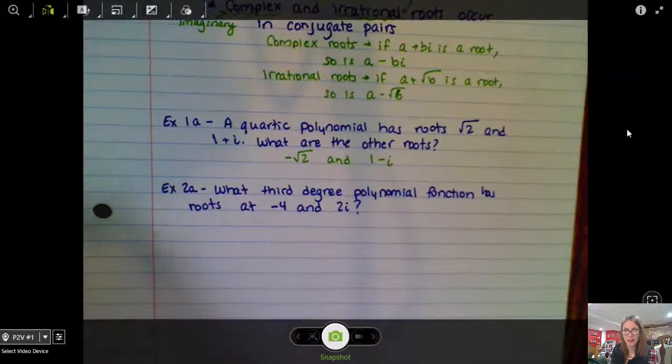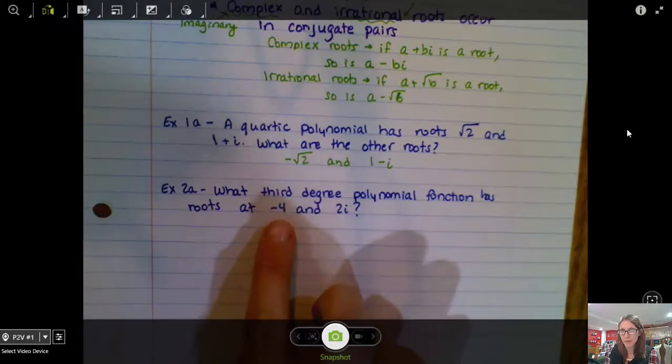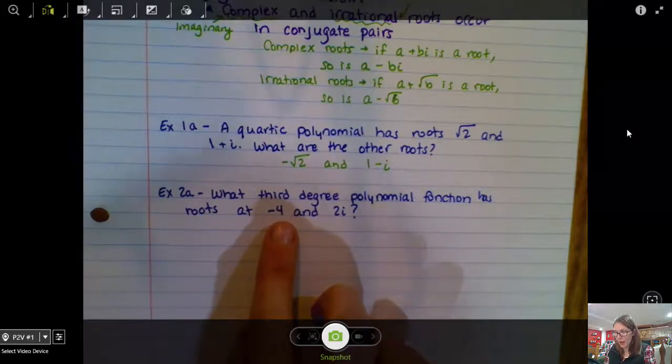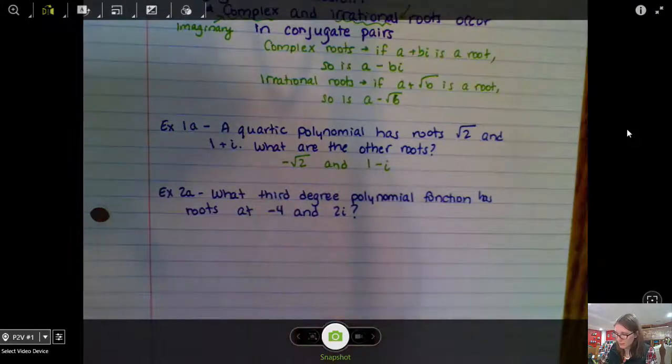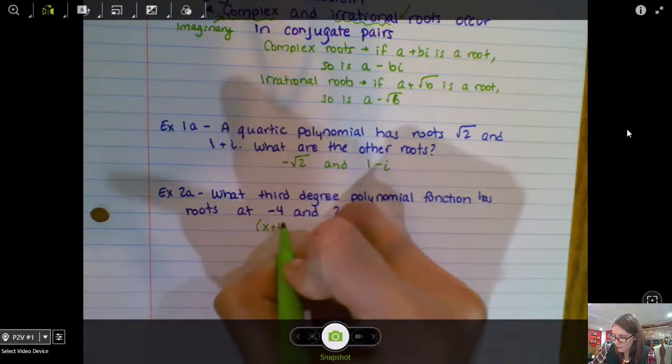All right, so I guess the first thing we have to think about, we have a third degree polynomial function, which means we should have 3 roots. Should have 3 zeros, 3 x-intercepts. This -4 is not a complex root or an irrational root, so we don't have anything special about this. But if we have a root at -4, that means we must have a factor x plus 4.